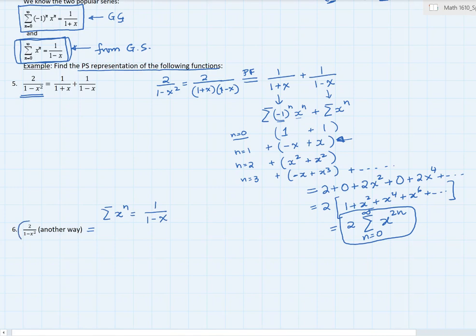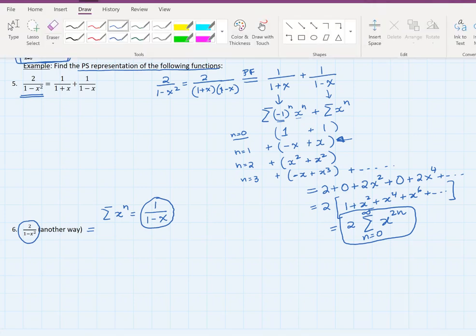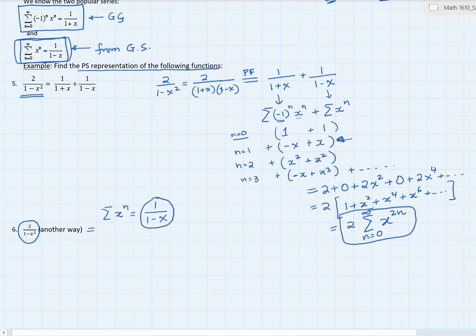Now 2 over 1 minus x squared and 1 over 1 minus x are very similar. I need a 2 here instead of 1, and instead of x I need x squared.